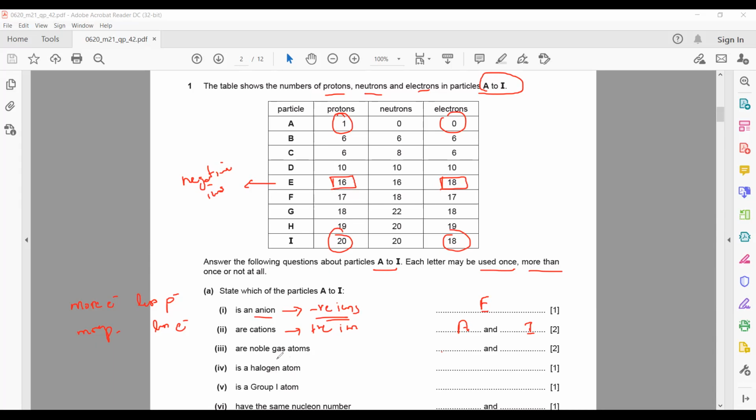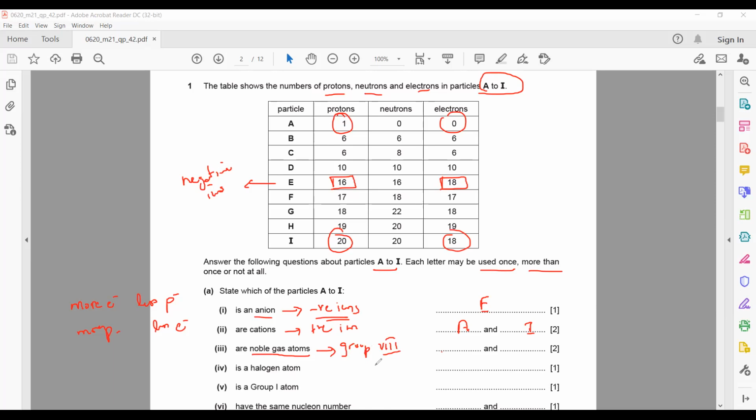Then which of them are noble gas atoms? How to work out a noble gas atom? Noble gas atom means group 8. You can check the periodic table in the exam. You will have the periodic table.